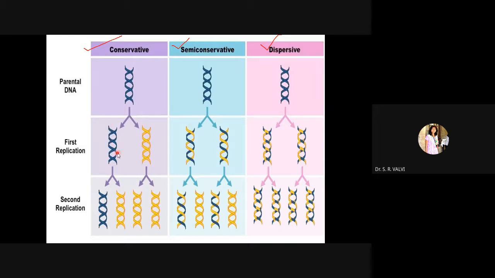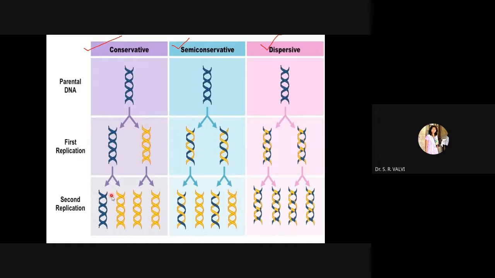This whole intact DNA will act as a parental strand or a template strand for the newly synthesized daughter DNA molecule, right? So hence this type is called conservative, meaning the intact DNA is conserved in the next generation, and hence we call it the conservative type of replication.